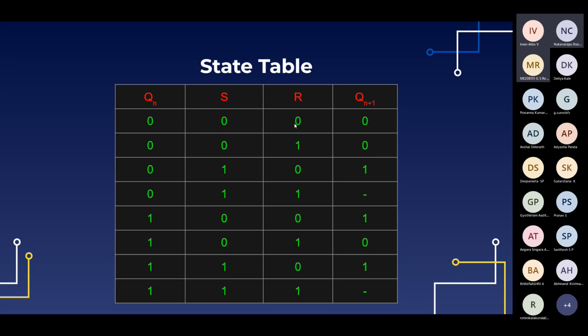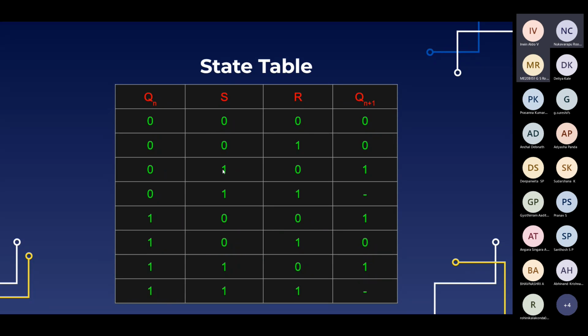In the case where both S and R are 0, it will retain the value. Since the value present here is Qn, Qn will be transmitted to Qn plus 1. It does not change.